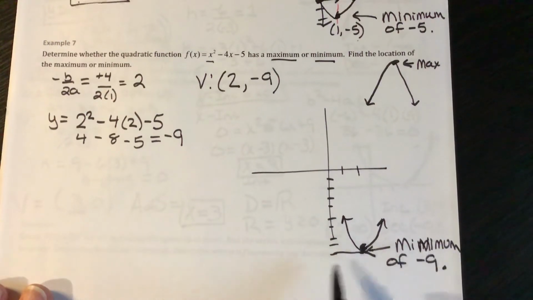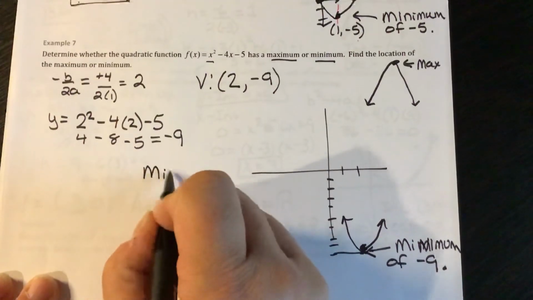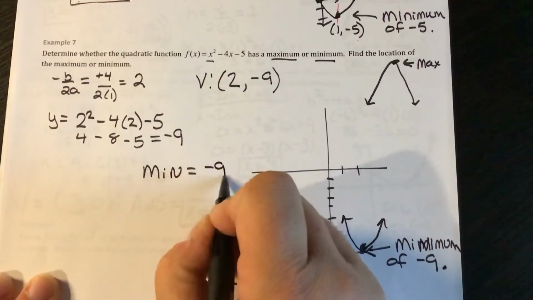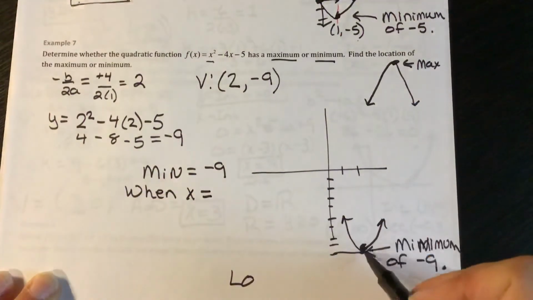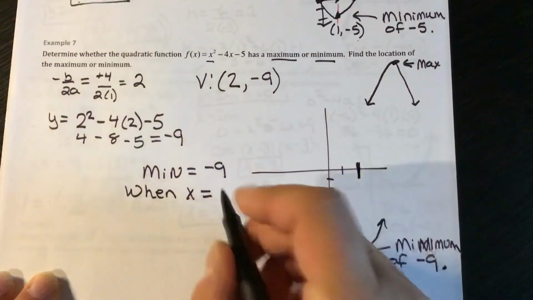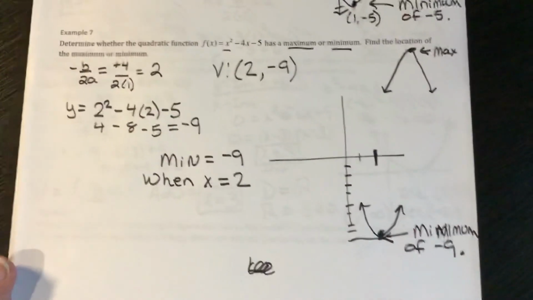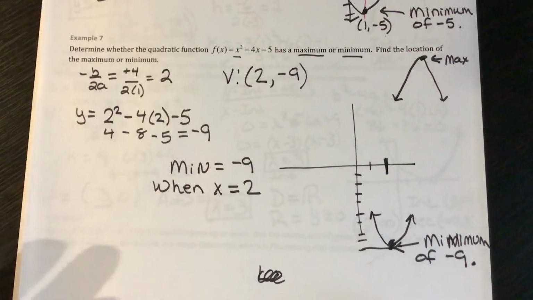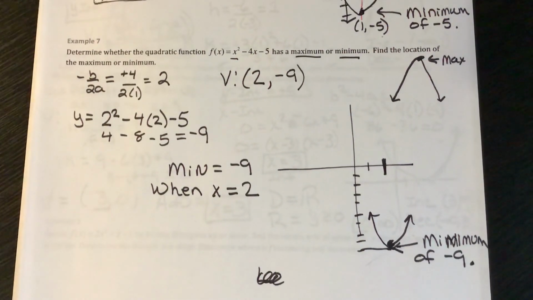The location, I'll do this up here. So the minimum is -9 when x equals, and we're looking at the x value, it would be when x is 2. All right, so that wraps all this up here, and we will continue next time with looking at some data involving quadratic functions.